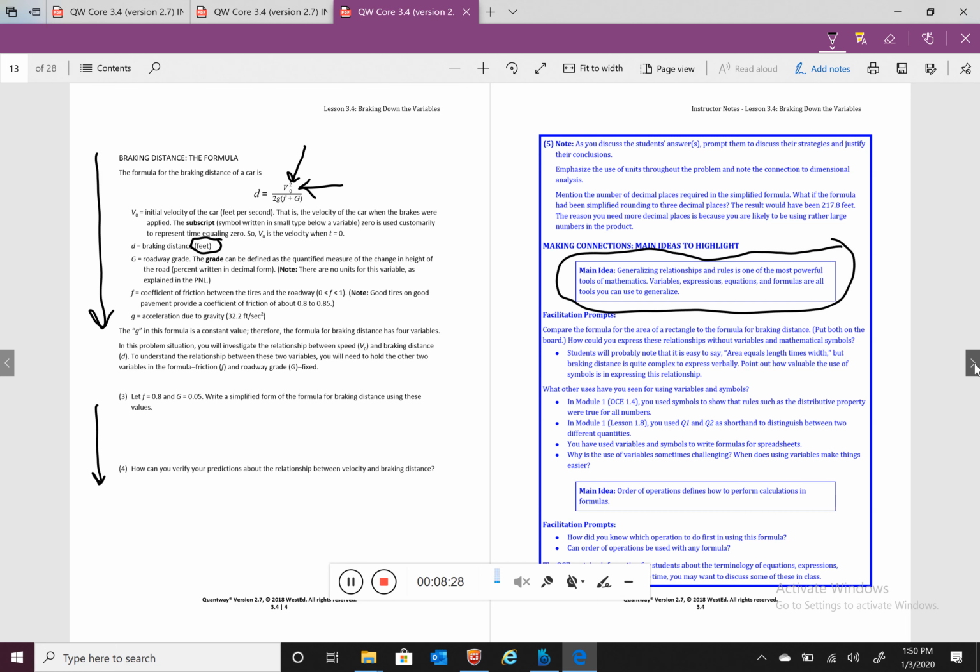Braking distance just happens to be the vehicle, pardon the pun, to get us talking with our students about all of these components. Now notice down below we also have another main idea, and that is order of operations. So for students to be able to successfully evaluate this expression, they need to understand their order of operations. So make sure you have your main ideas prepared, because this will be used in the making connections part of the lesson, which we'll see in a moment.